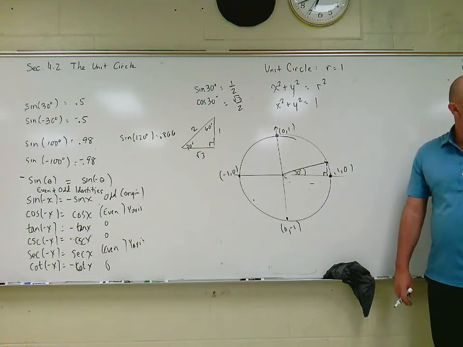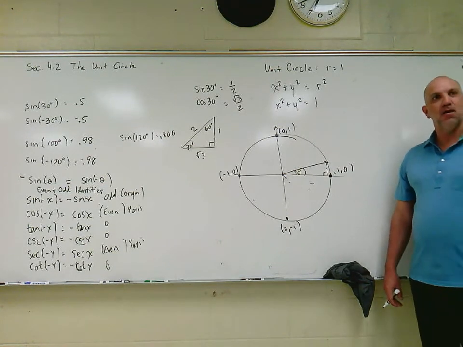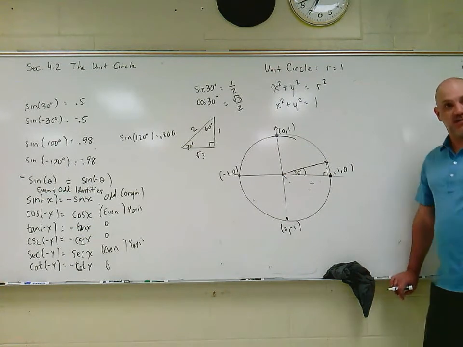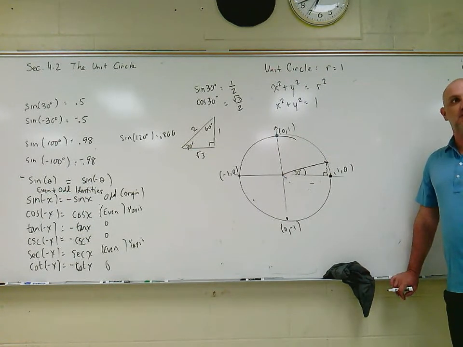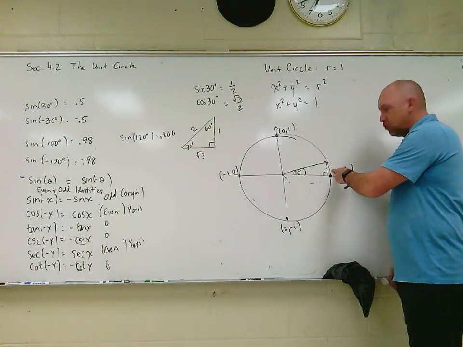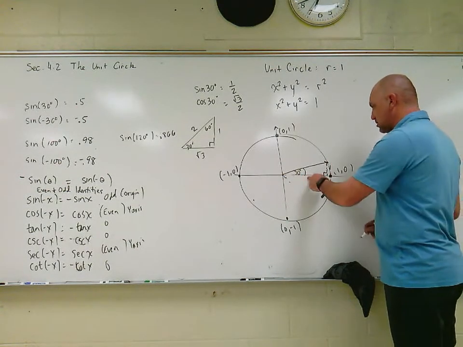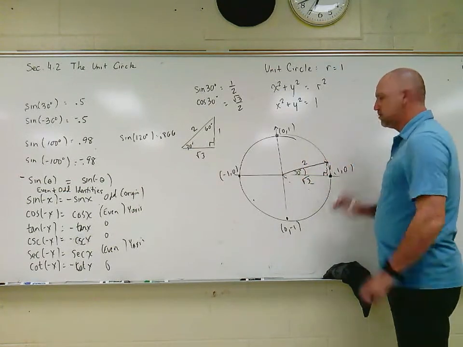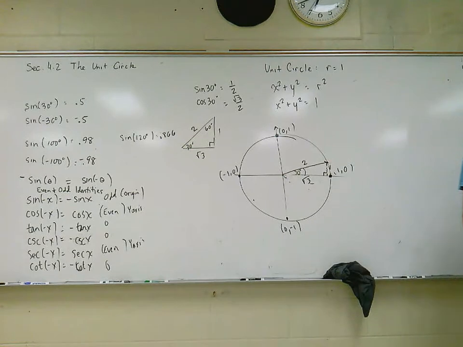What's the reference angle? 30, boom. Why do we need the reference angle? So we can find the sides. So what are the sides of a 30, 60, 90 triangle if this is 30 degrees? What's this? 1, very good. What's this? Very good. What's this? 2, all right, and stop. I just contradicted myself.